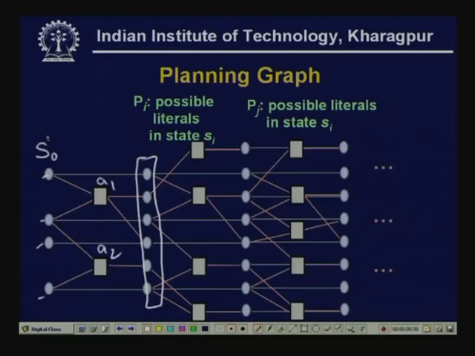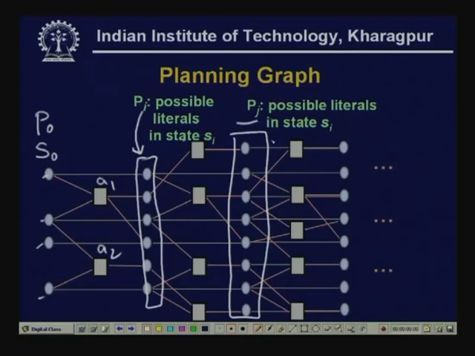So, let P0 be the set of propositions that can hold in state S0, and let Pi be the possible set of propositions that can hold in state Si. Pi is the possible literals or propositions that can hold in state Si. This represents Pj, the possible set of literals that can hold in state Sj, and Ai is the set of actions that can be taken at state Si.